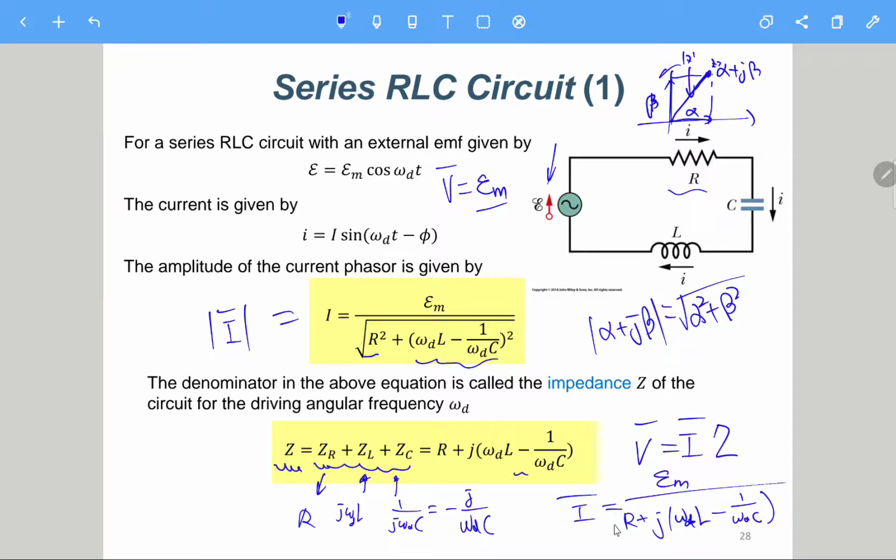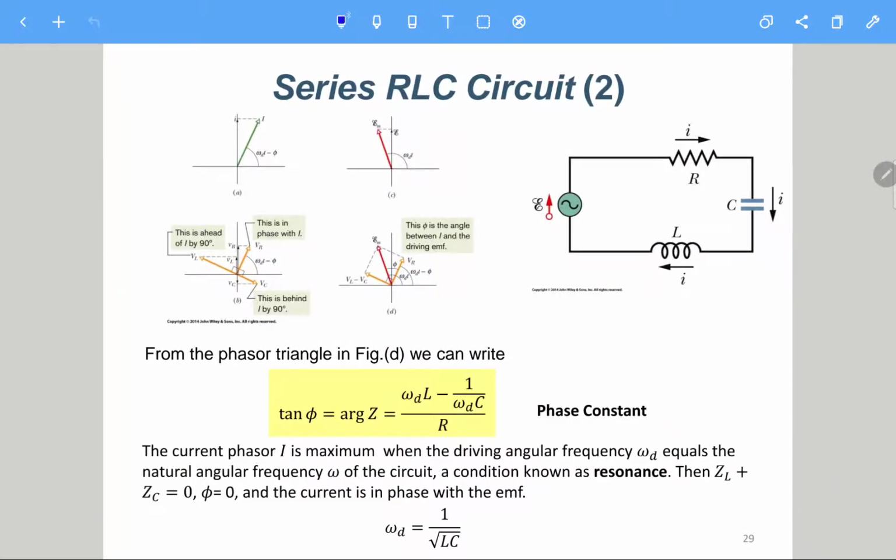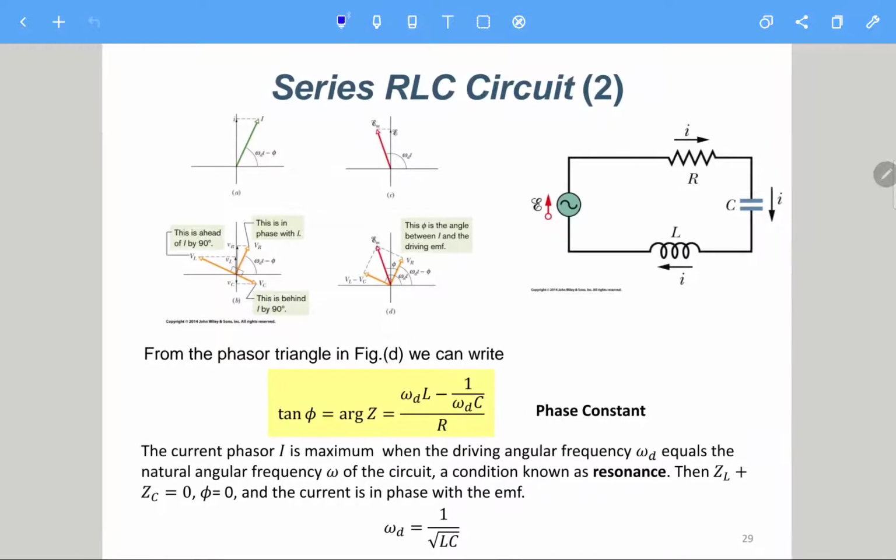In this case, taking the absolute value of this complex number gives R squared plus this term squared, omega_d L minus 1 over omega_d C, quantity squared, and then take the square root. So we have the amplitude to be like this. Of course, this is not so trivial, but actually it's like this.